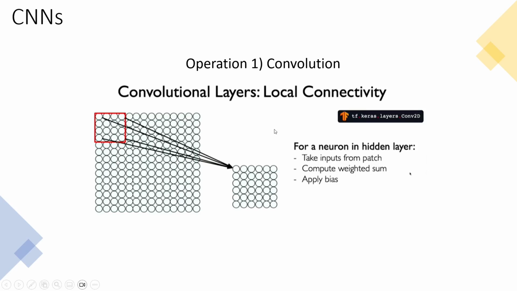Let's focus on the first operation, which is the convolution. We have seen what convolution means. In TensorFlow, in order to create a convolution layer, we use tensorflow.keras.layers.Conv2D. This is going to create a convolution layer.